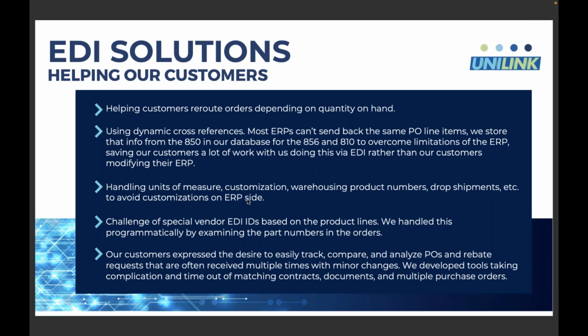This is the discount we should receive. And then the manufacturer will send back an 849 saying, yes, we approve this rebate. No, we don't. So we have one client that their whole business thrives off rebates. And we do hundreds and hundreds, maybe even thousands of rebates a day for them. And this has really helped keep their organization afloat.